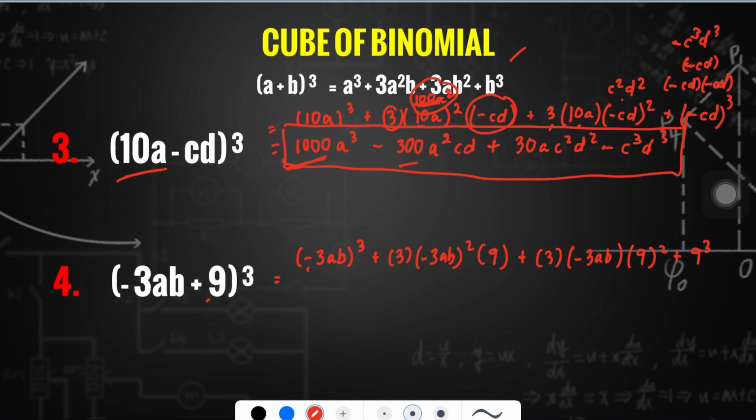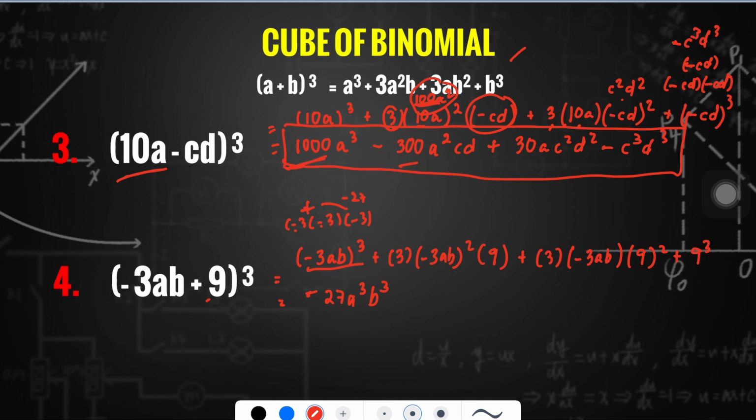Evaluate this one. Negative 3 times negative 3 times negative 3. Negative times negative is positive, positive times negative is negative. 3 times 3 is 9, times 3 is 27. So negative 27a cubed b cubed. Clear, guys? Because it's all negative, negative times negative is positive, positive times negative is negative. Negative 27a cubed b cubed.